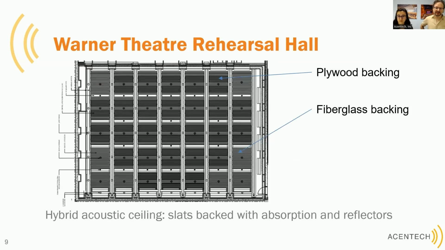This is a ceiling plan showing where the reflectors are, because you don't see them when you're in the room. You can see it's basically an adaptation of our standard rehearsal room approach, which is to put a mix of reflection and absorption in the center of the room and absorption around the edges.